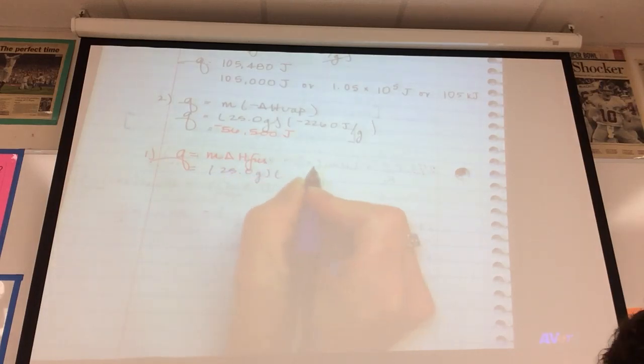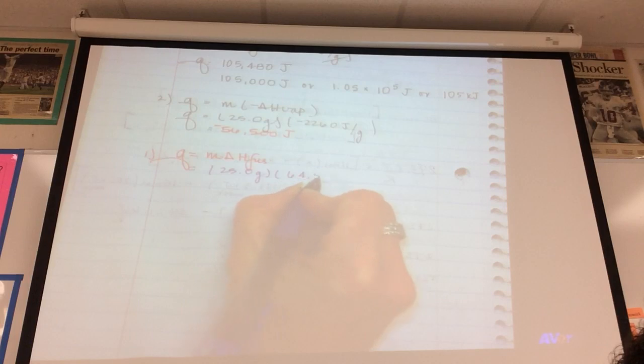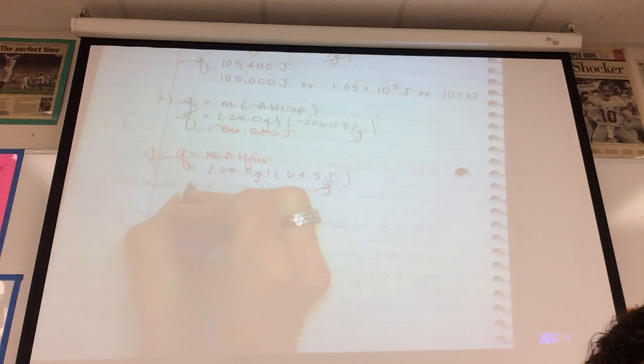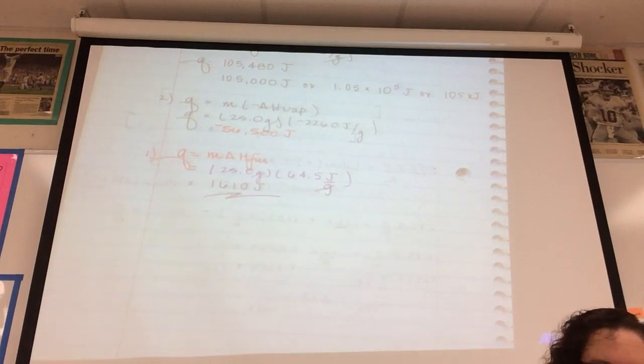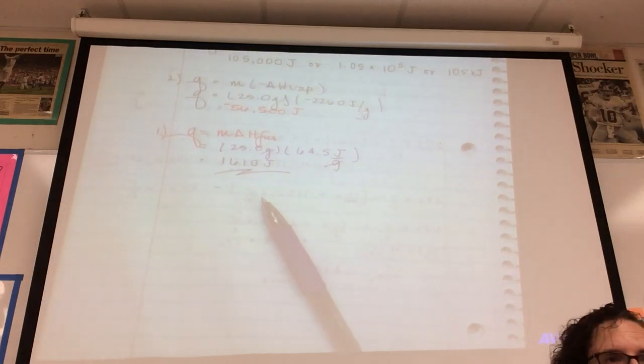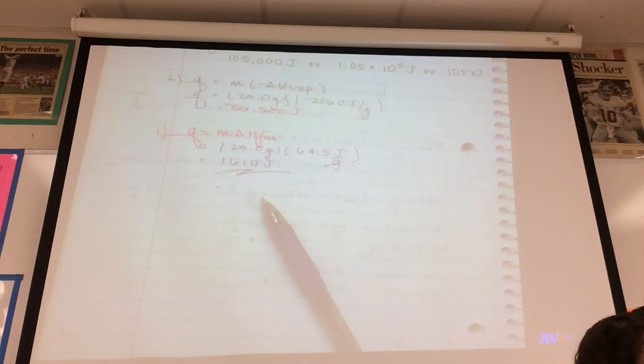The delta H of fusion is 64.5 joules per gram. Grams cancel. We have 25 times 64.5. And in sig figs, that's going to be 1,610 joules. And you should try number 2. You've either got it in your notes or on your Chromebook.